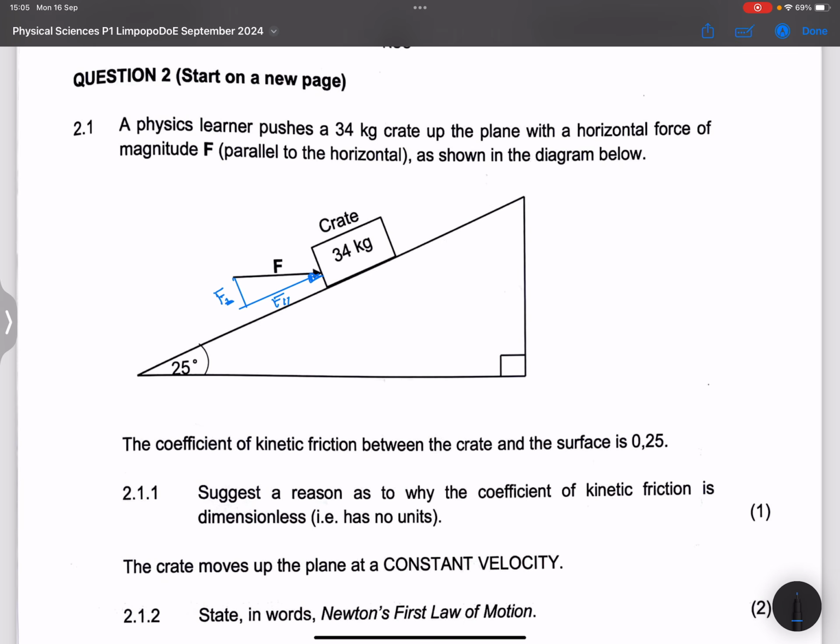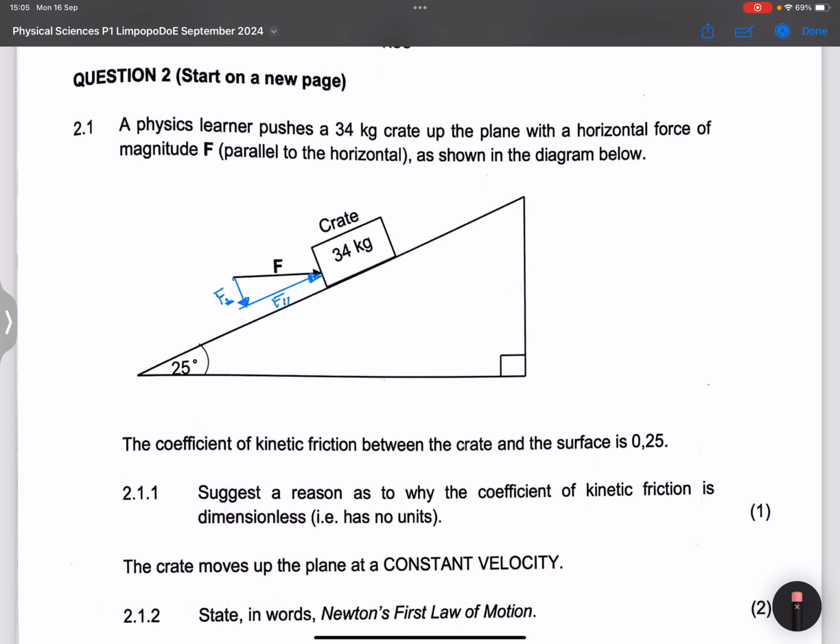Now, I want you to note, I am not referring to the parallel and the perpendicular component of gravitational force. FG parallel is a different story altogether. All I'm doing here is that, because this force is not parallel to the incline, I need to divide it into its parallel and its perpendicular components.